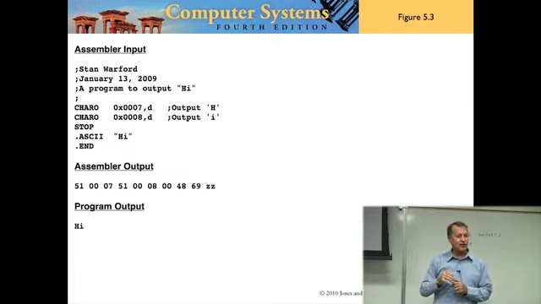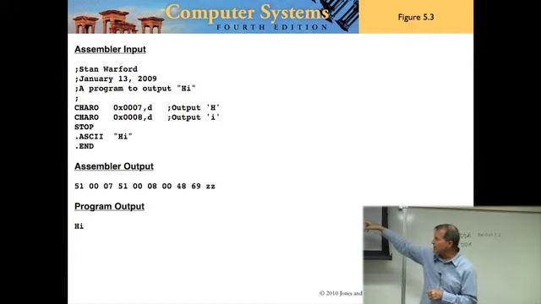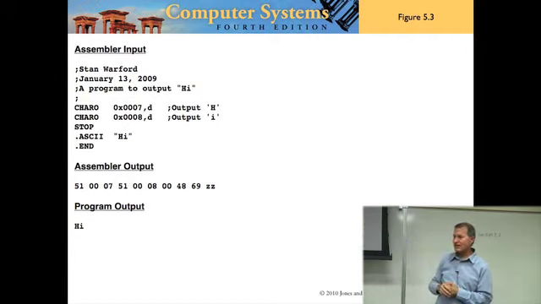Yes, it's from there to the end of the line. That's what the comment is. You can put comments there too, where it says output H. It's like // in C++.